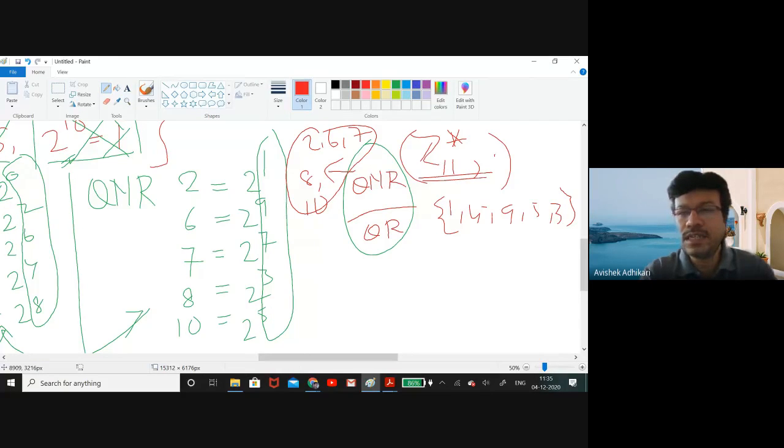That means this subset is a subgroup of this. That means the set of all quadratic residues modulo something, here 11, or in case of any abelian group, is a subgroup of that group.